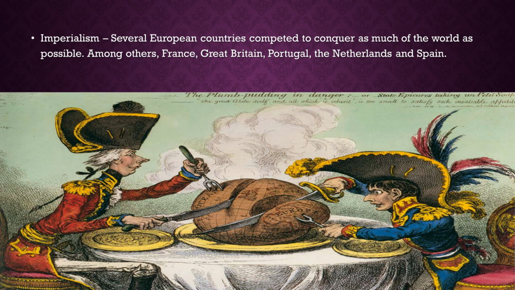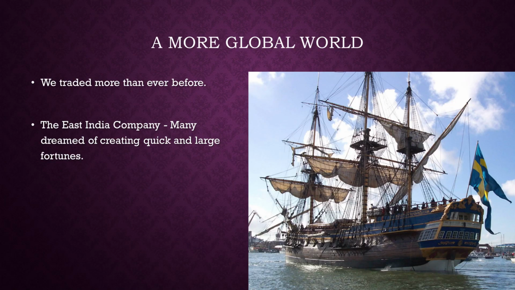During this time, we also have a thing called imperialism, which is basically that several European countries now try to compete to conquer as much of the world as possible. We can also see a more global world than ever before.